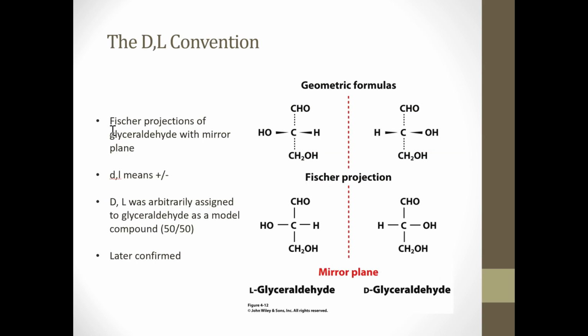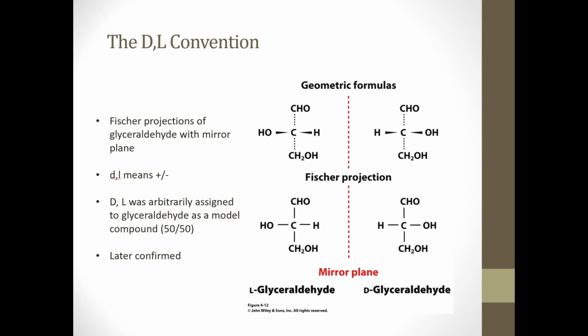So, I mentioned the use of glyceraldehyde as a model. What does that mean? Well, what it means is during the early establishment of chirality, glyceraldehyde was one of the model compounds, and glyceraldehyde was arbitrarily assigned D and L in a 50-50 mixture.